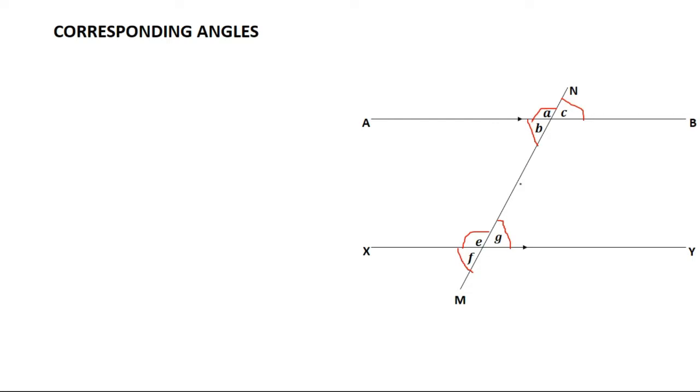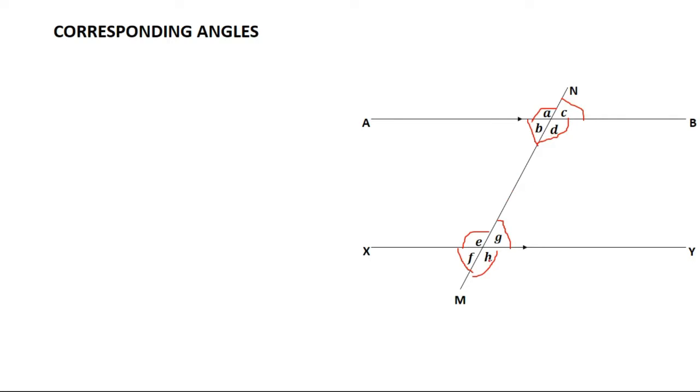So A and E are corresponding. The top is corresponding to the top, then the bottom is also corresponding to the bottom. When you come here, C and G are also corresponding, then D and H are also corresponding. So D is corresponding to H.